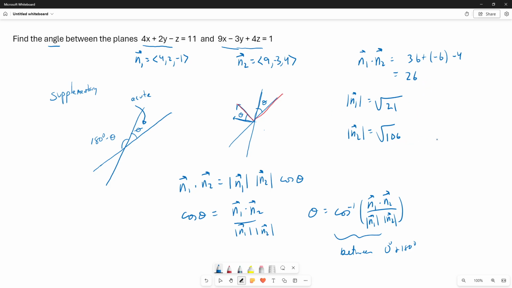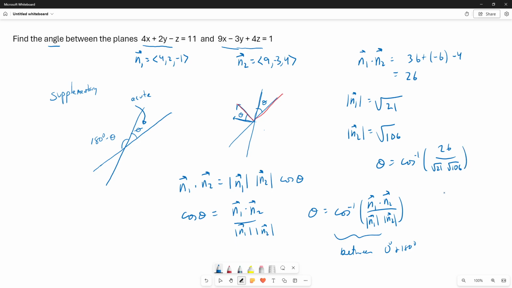So that means that theta is the inverse cosine of n1 dot n2, which is 26, divided by the square root of 21 times the square root of 106.